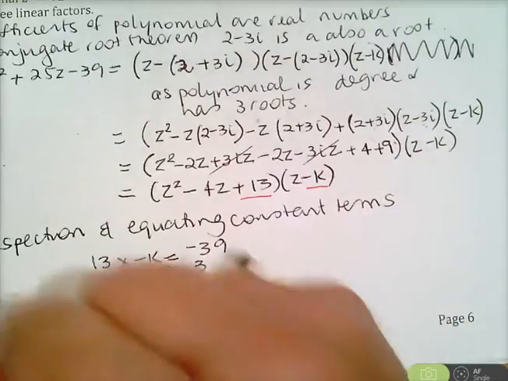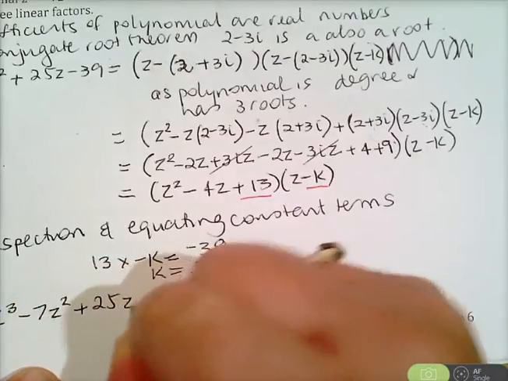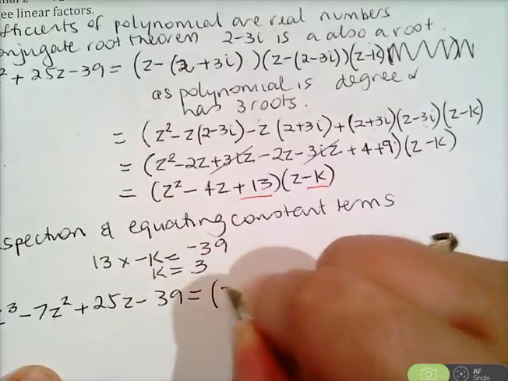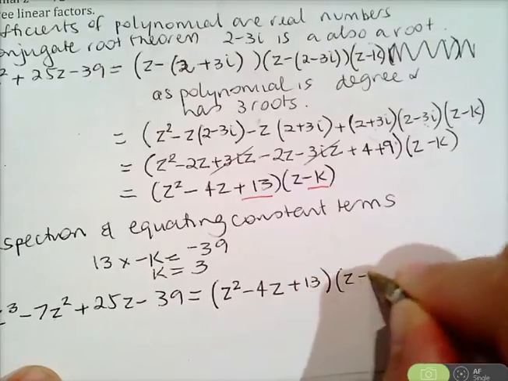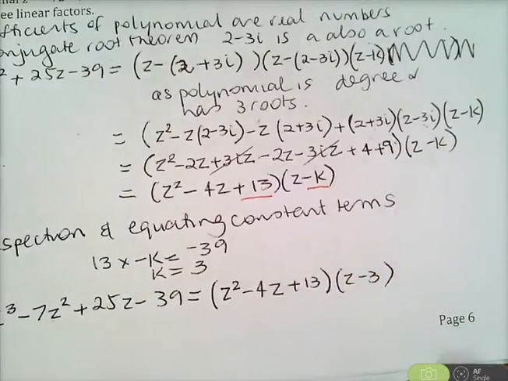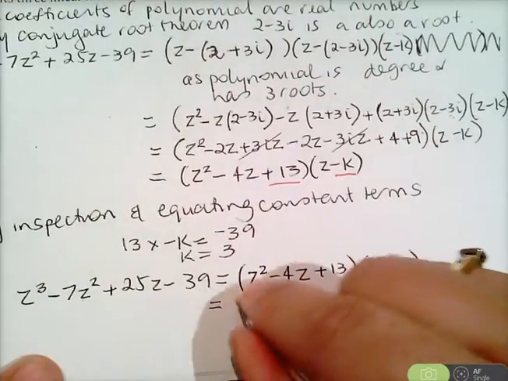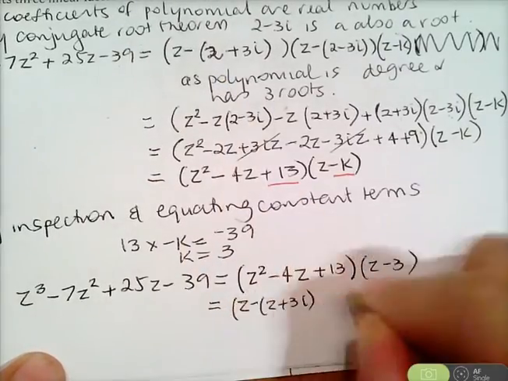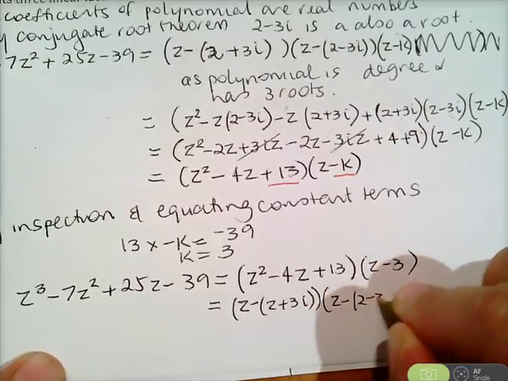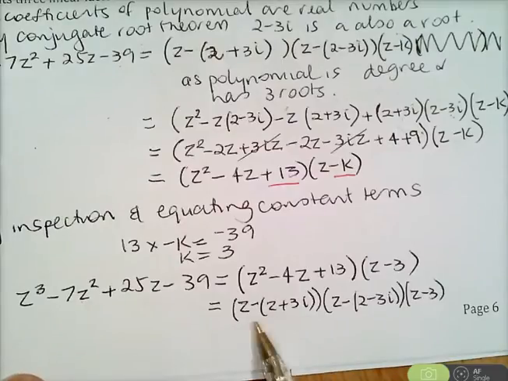And so z cubed minus 7z squared plus 25z minus 39 is equal to z squared minus 4z plus 13 times z minus 3. But to write the 3 linear factors, you can see the linear factors up here: z minus 2 plus 3i, z minus 2 minus 3i, times z minus 3. So that's writing the polynomial as a product of its 3 linear factors.